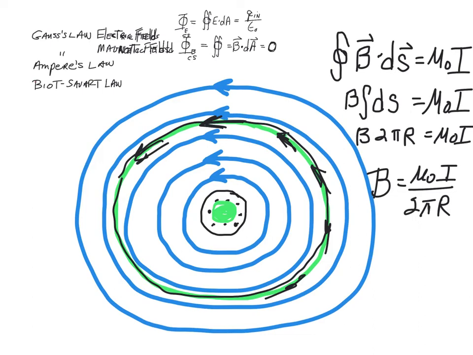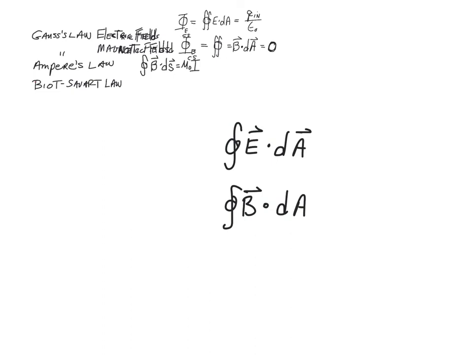Notice the ds vector is on the loop, it's not in the wire, and this is in contrast to Biot-Savart law, which we're going to do next. Before we go there, we can eliminate 2 incorrect equations.